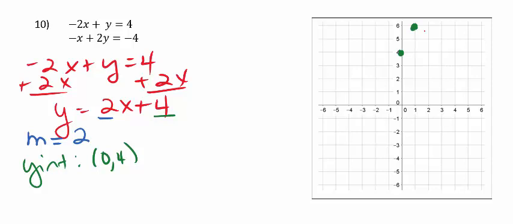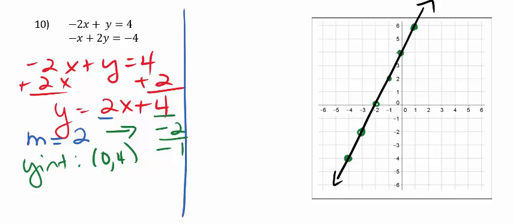So I can also take this slope and do negative 2 over negative 1, because I know a negative divided by a negative is a positive, and I can come down 2 to the left 1 to find more points. And then I'm going to go ahead and connect those points to graph the line.